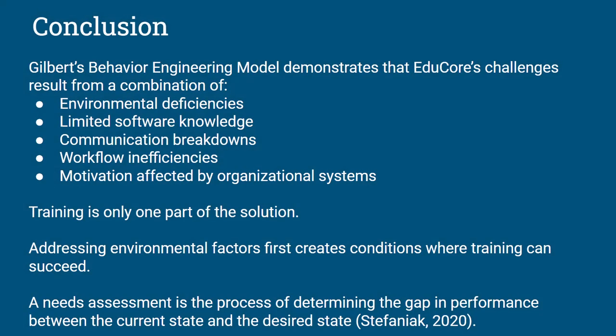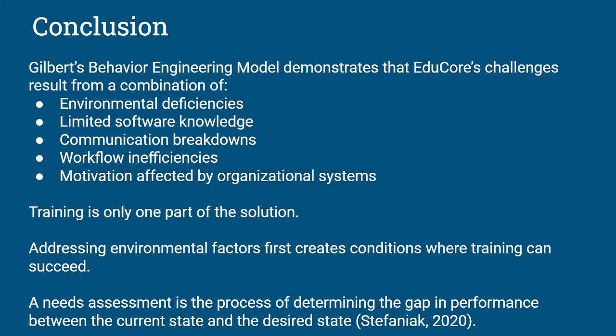In conclusion, Gilbert's behavioral engineering model demonstrates that EduCore's performance challenges are caused by multiple factors, not just a lack of training. The analysis identified environmental deficiencies, limited software knowledge, communication breakdowns, inefficient workflows, and motivation that is influenced by organizational systems.